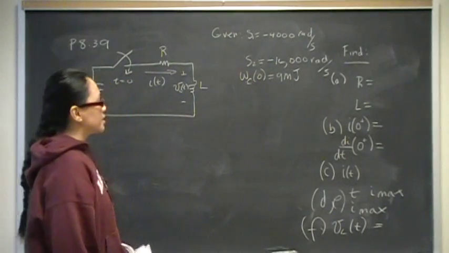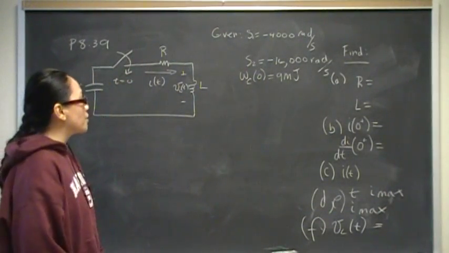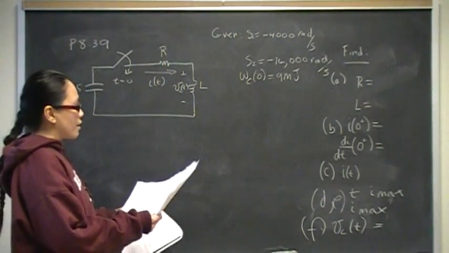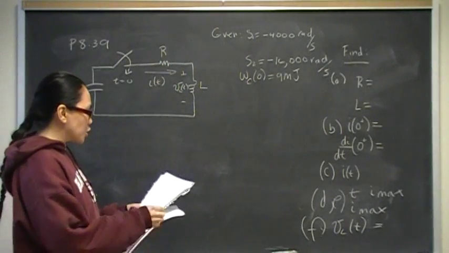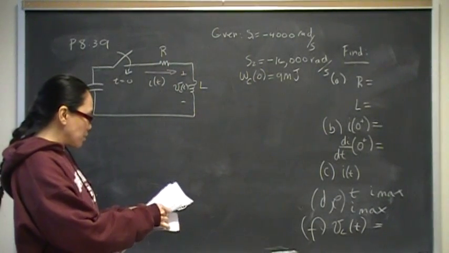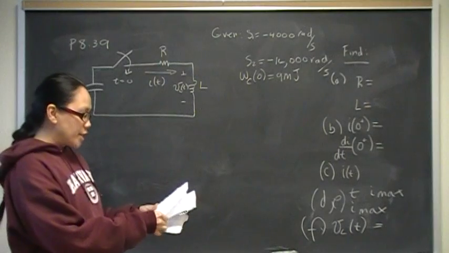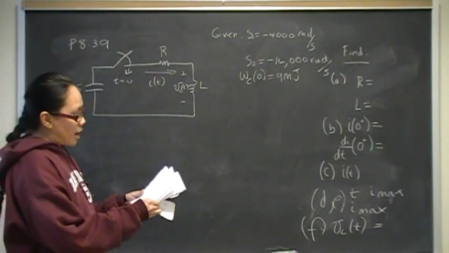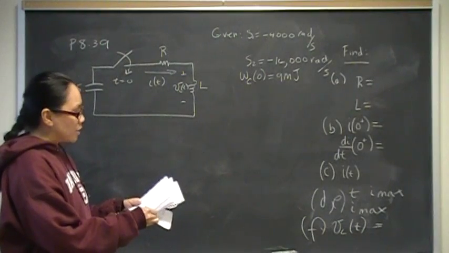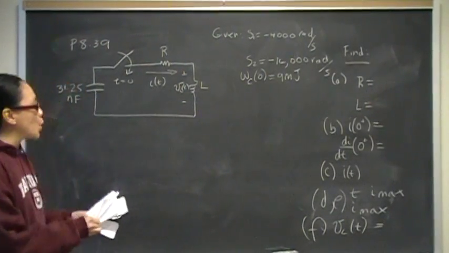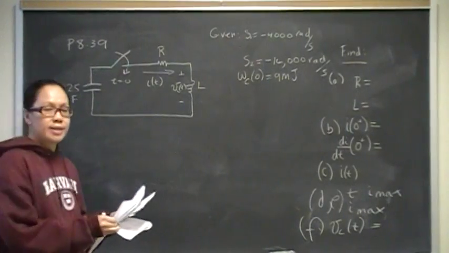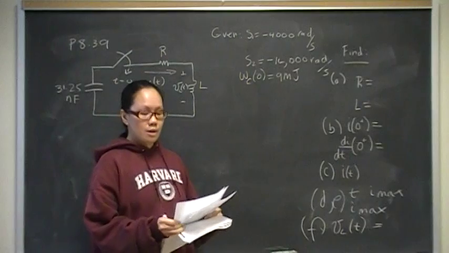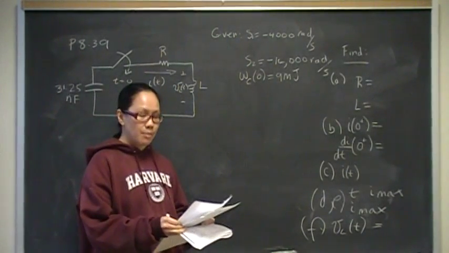Given this, in part A, we want to find the exact values of the resistor and the inductor. To do that, I pulled on the equations for S1 and S2. Making use of the fact that we know the value of the capacitor, you will come down to two equations and two unknowns, which can be solved.